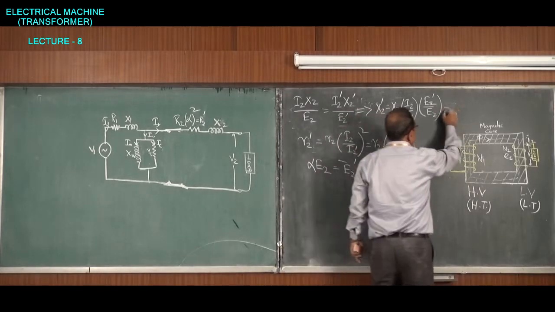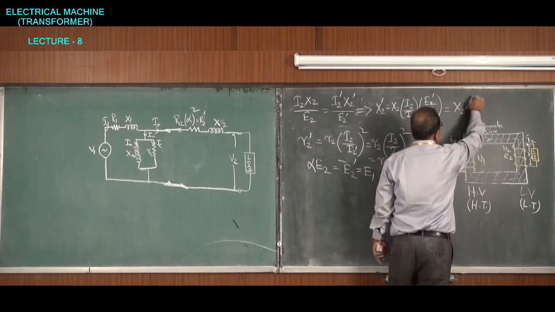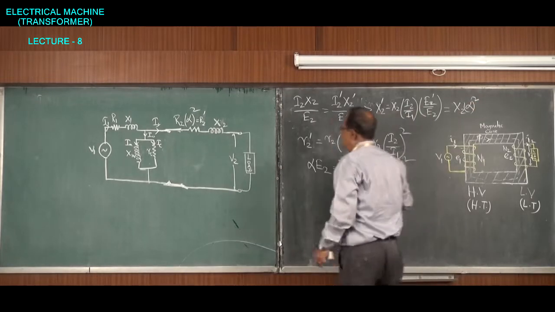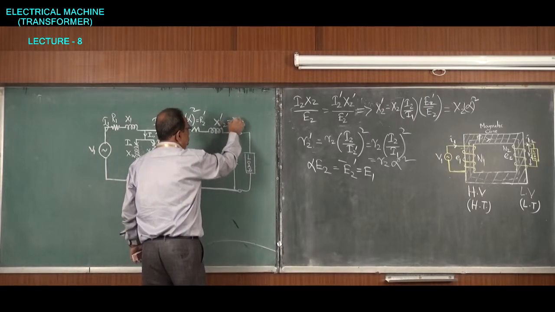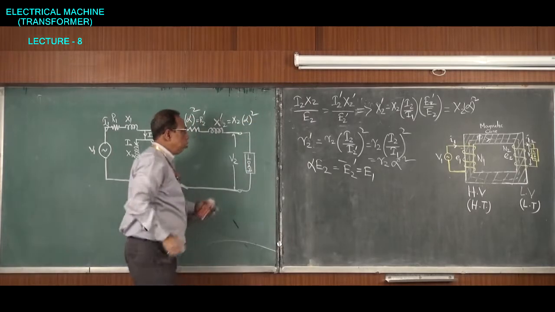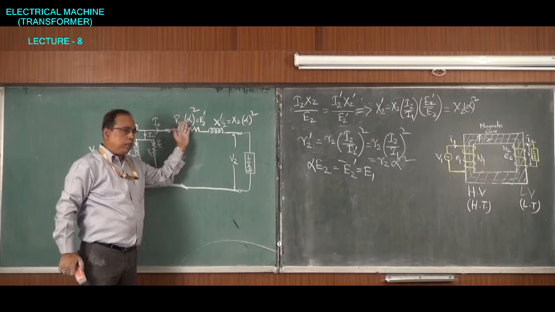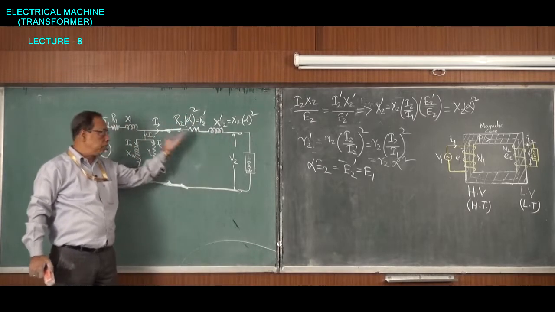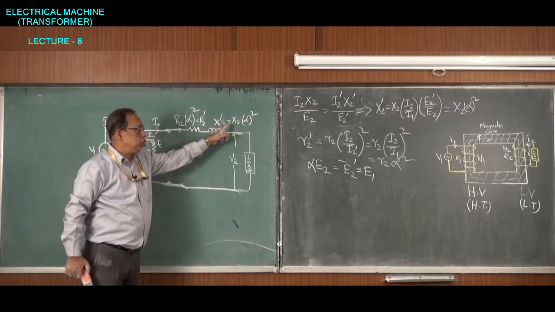So again it is becoming X2 into alpha square. So X2 dash will be X2 into alpha square. That means I am bringing these secondary resistance and leakage reactance to the primary side with these changes, R2 dash and X2 dash.